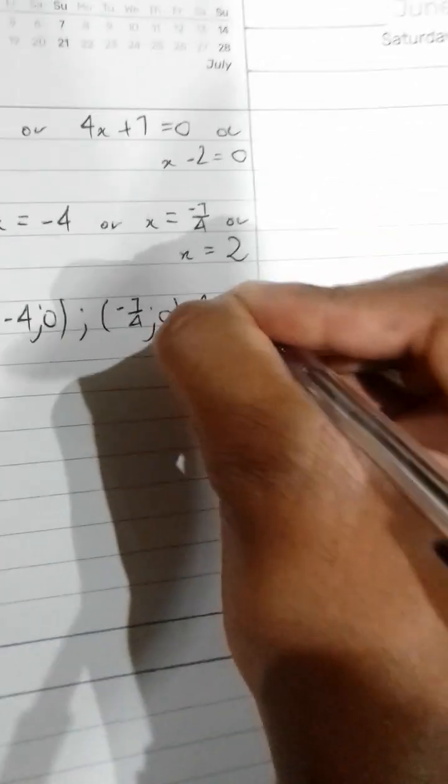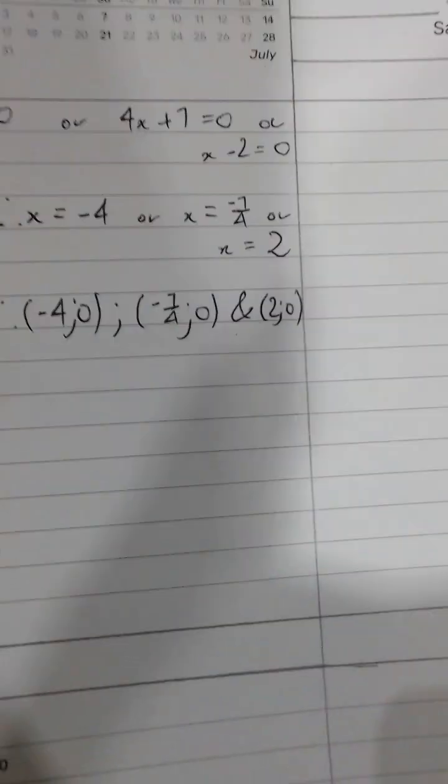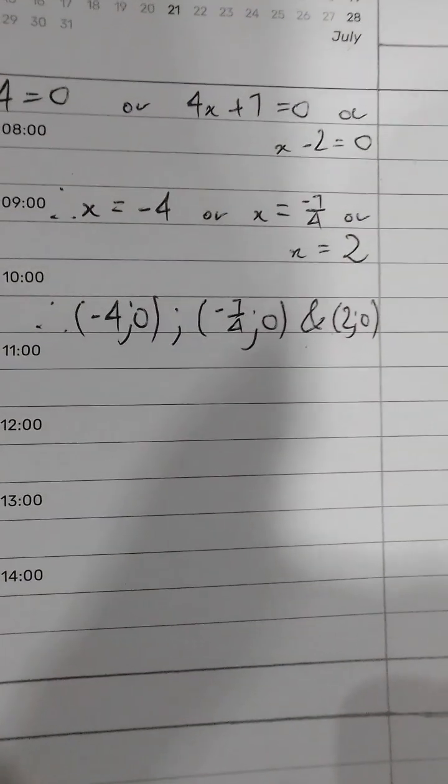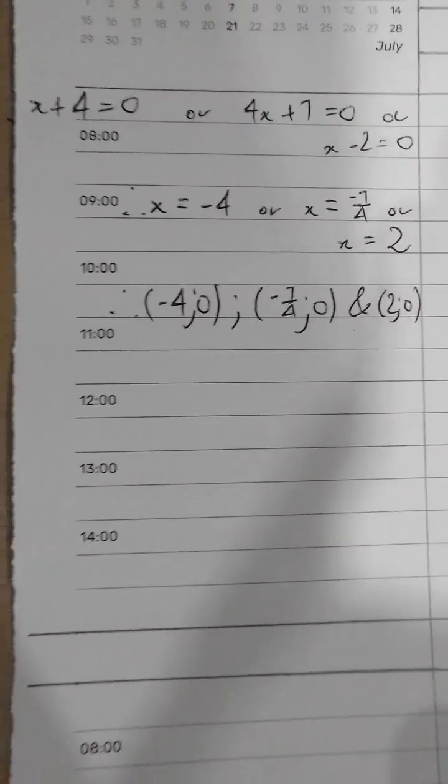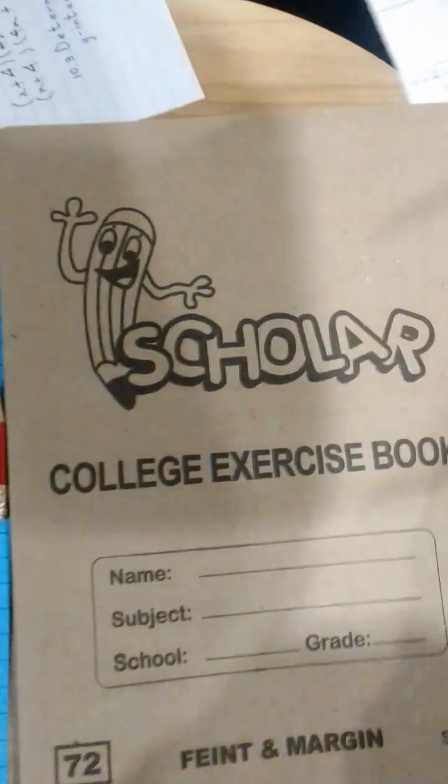So therefore the x-intercepts are (negative 4, 0), (negative 7 over 4, 0), and (2, 0). Okay, hope that is clear, and I hope that makes sense.